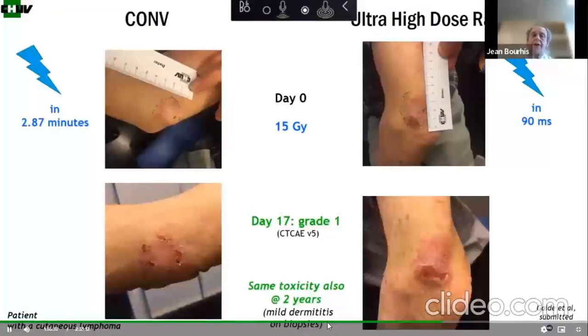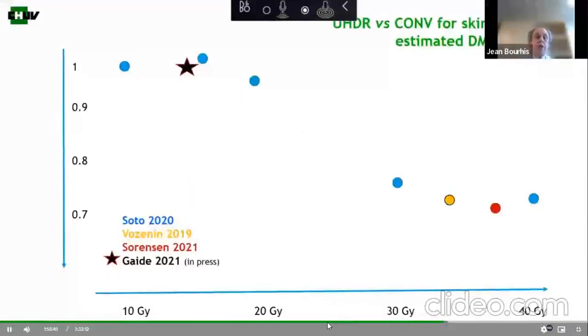So it was done on the same day, everything was the same, except dose rate for 2 lesions. So this paper has been accepted. And when we try to see where do we see this study, well, in fact, it's there. It's 15 gray, it's somewhere in between 10 and 20, but it's very consistent with what was seen in the mouse. That is, in this range of dose, the difference between flash and conv is not big.